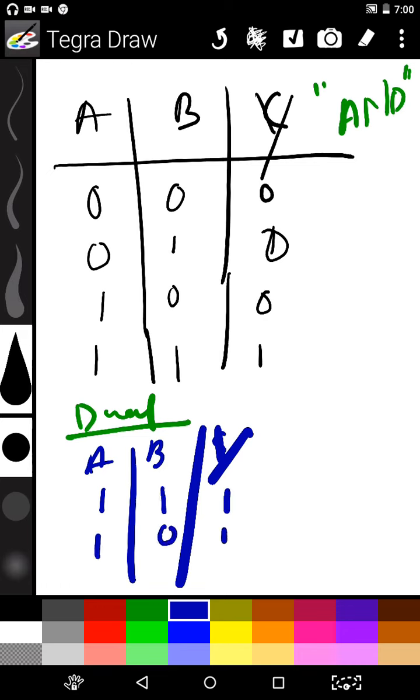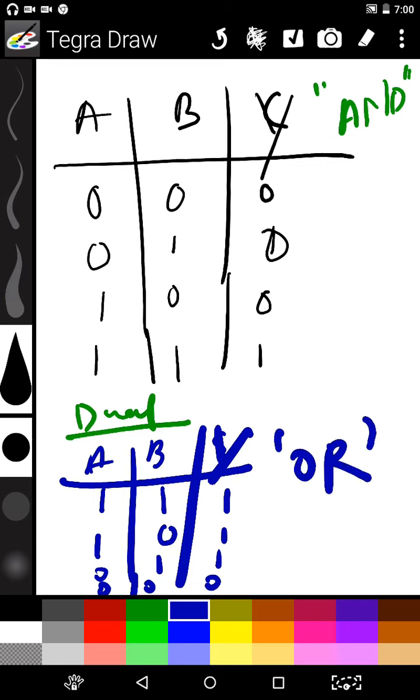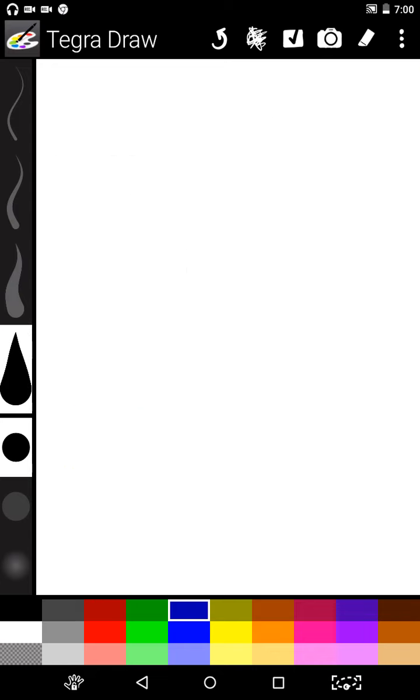From the observation we can see that this is nothing but the OR gate truth table. So the dual form of AND gate is OR gate.